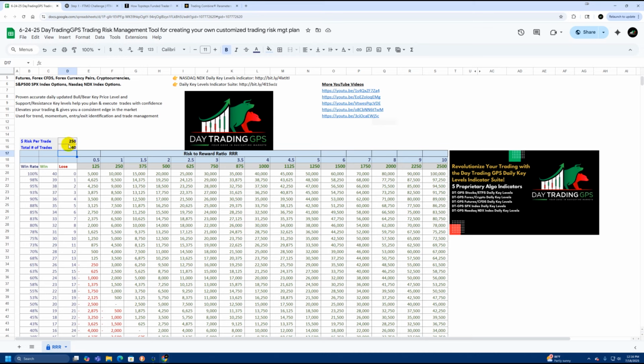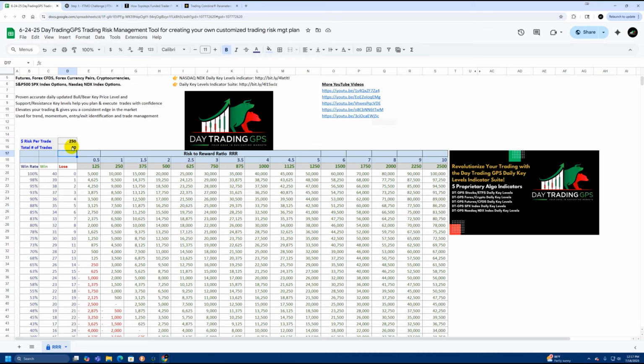Because here, let's say if this was a monthly period we're looking at, we have $250 risk per trade, total 40 trades in a month, so we're risking $10,000 total over the whole month.